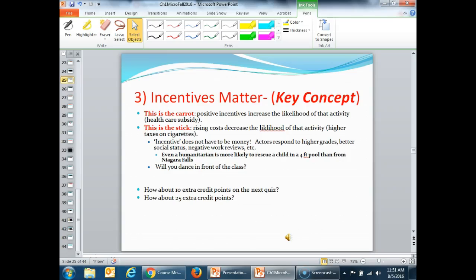So incentives definitely matter. And incentives don't have to be money. They can be higher grades. You're going to change your action if you could get a higher grade, better social status, better work reviews. So it's not always money that motivates people. It's a lot of other things.